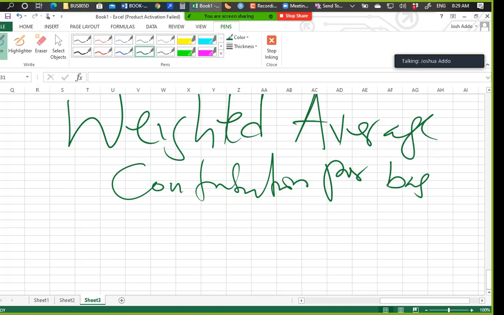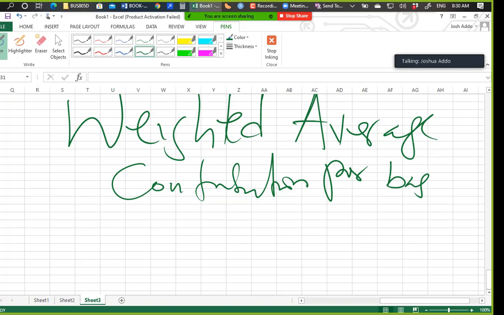So weighted average contribution per bag is not too different from what we have done already. A unit of each individual product has its contribution. But inside the bag, we cannot just add their contributions because some products are more than others.